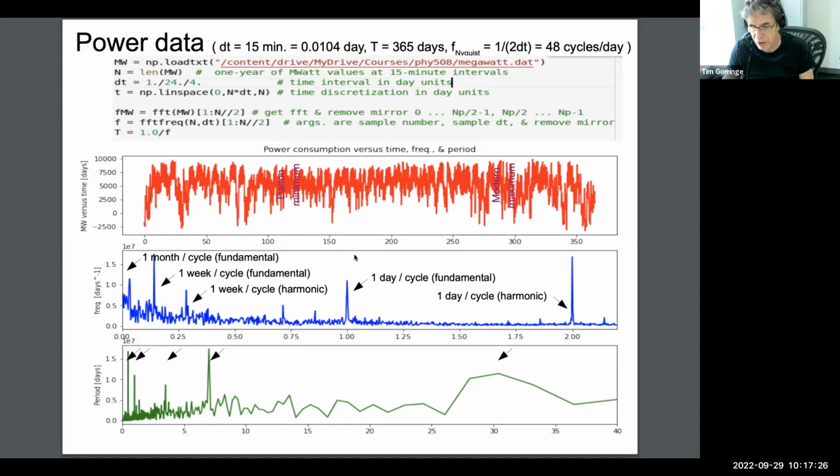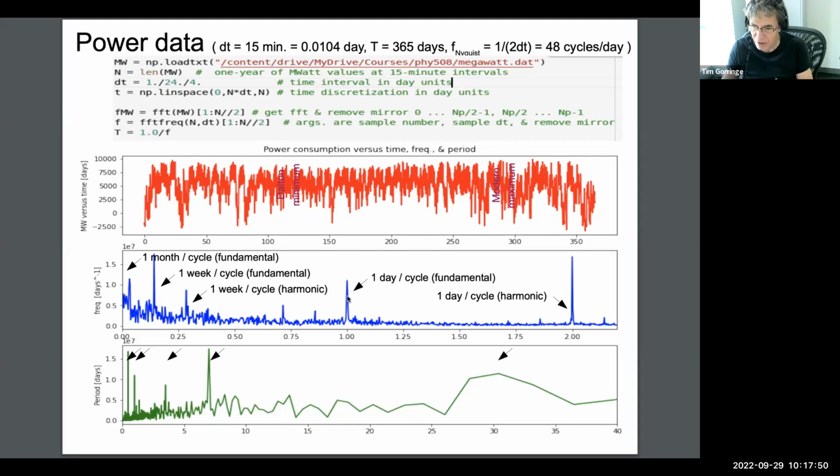So let me start mentioning them. This peak here at 1, this says that there's a frequency in the data that has a period of one day. So it's a frequency that is 1 cycle per day.